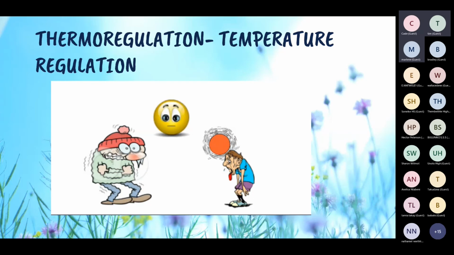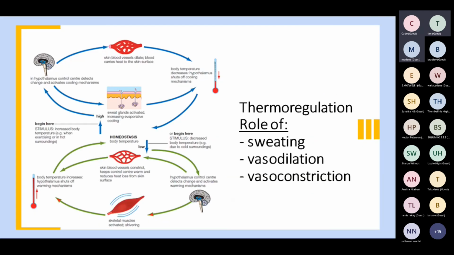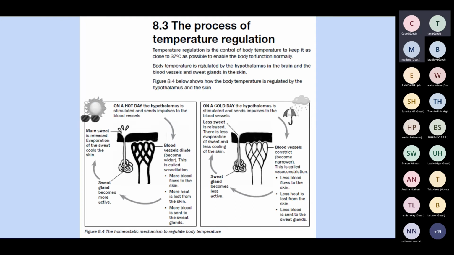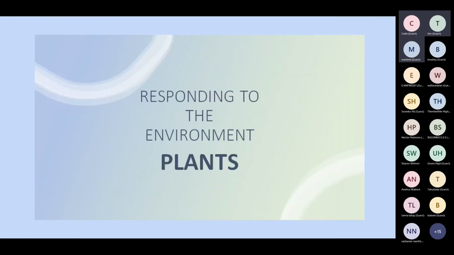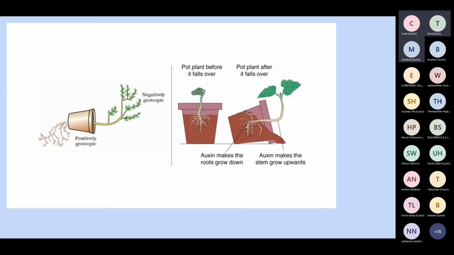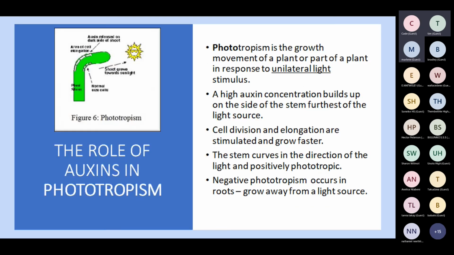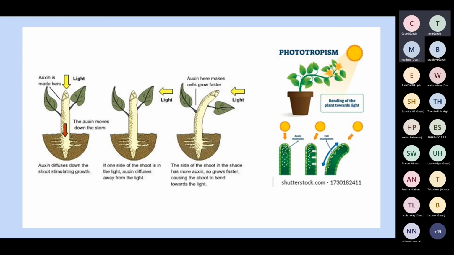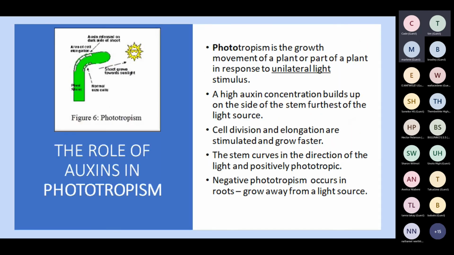Thermoregulation, keywords: hypothalamus, blood vessels, vasodilation and vasoconstriction, the sweat glands and what's happening. Take note of the diagram. Then we looked at plants and plant hormones, and we looked at the role of auxins in geotropism, the role of auxins in phototropism, how we explain what is happening during phototropism and geotropism.